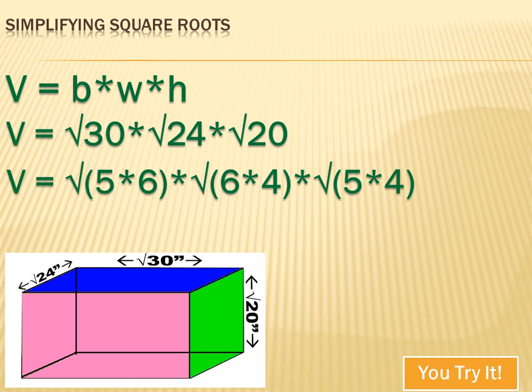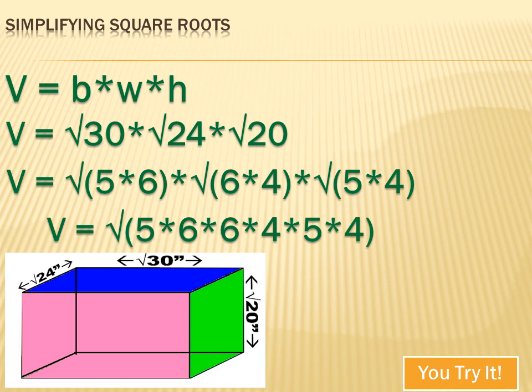Well, now I can combine all these. Remember, if I can break it up, I can combine it. And I can combine this radical with this radical with this radical under one radical sign and rewrite this as the volume equals the square root of the expression 5 times 6 times 6 times 4 times 5 times 4.